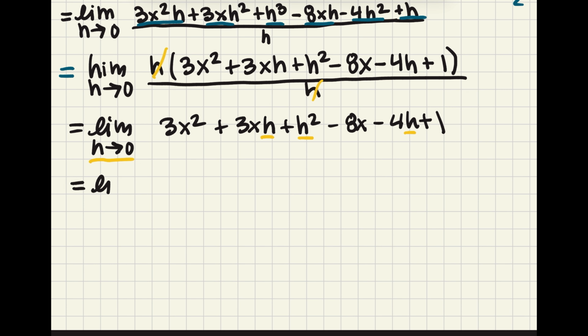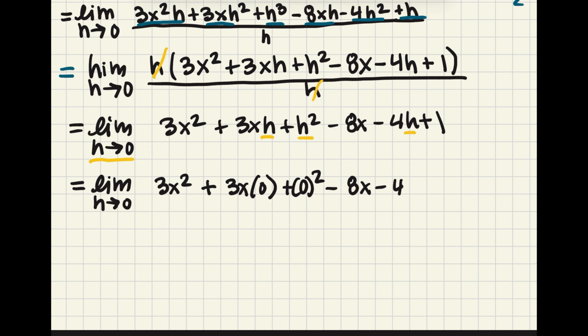Okay. So that'll leave us with 3x squared plus 3x times 0 plus 0 squared minus 8x minus 4 times 0 plus 1. So this will leave us with 0, this will leave us with 0, this will leave us with 0.